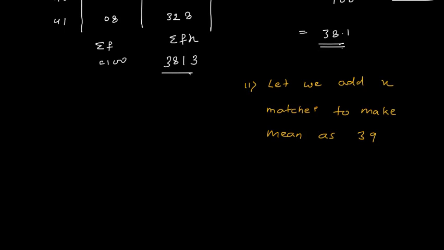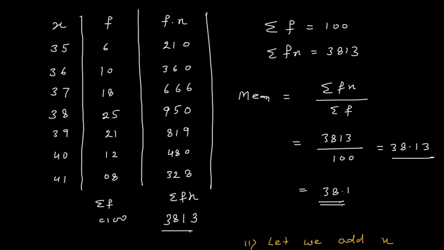So therefore I want mean as 39. So mean is equal to summation of fx. So here the summation of fx, what sum we have, it is 3813.